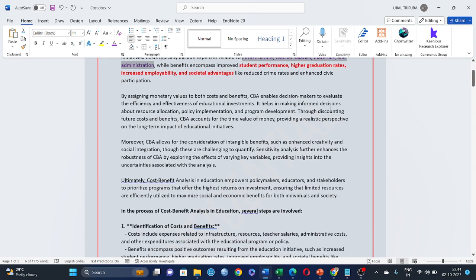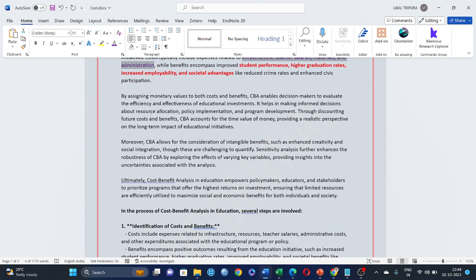It helps in making informed decisions about resource allocation, such as what books to supply to schools, colleges and universities, and policy implementation, for the many government educational policies, how to implement them at a cost.